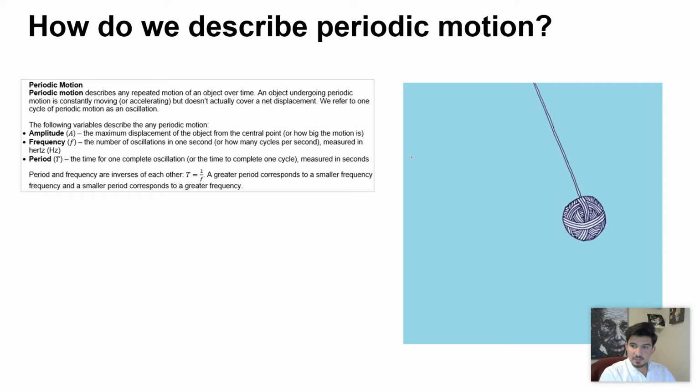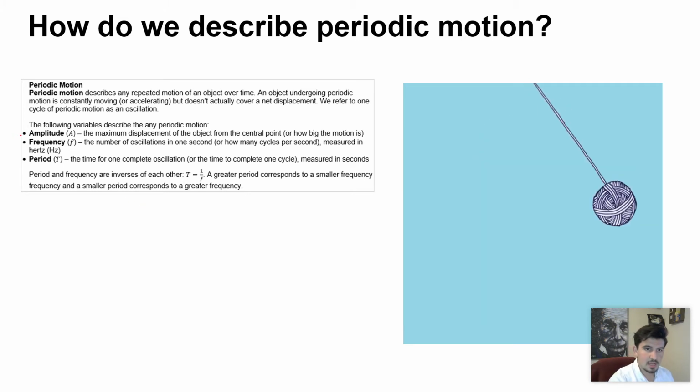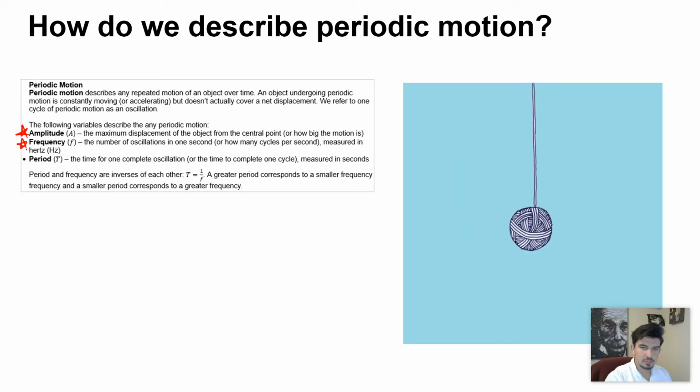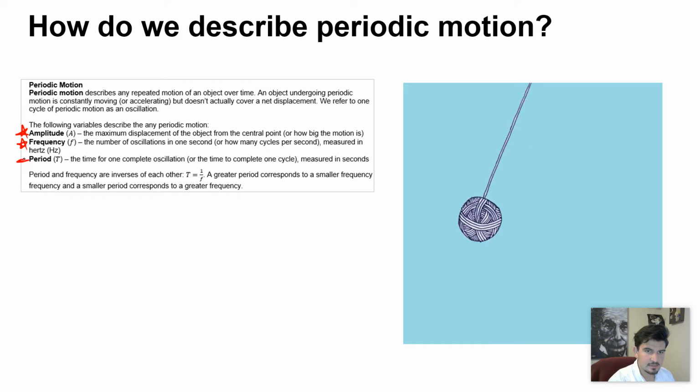And so in physics, we have a few different ways that we describe periodic motion. These are three big vocab words that we're going to talk about today. You have what's called the amplitude of the motion, the frequency of the motion, and what's very closely related to frequency is the period of the motion.